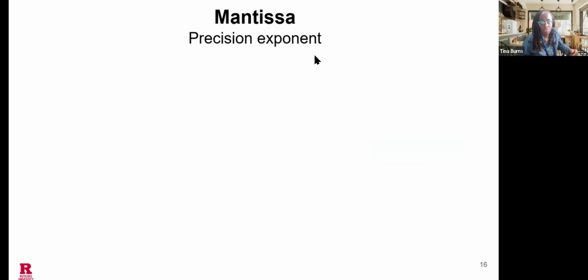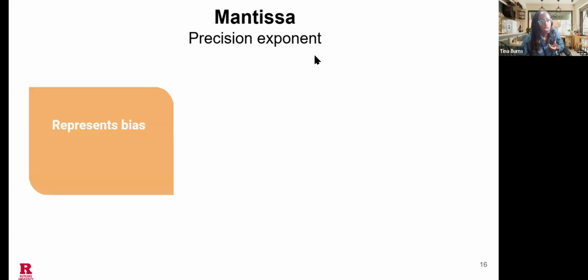All right, so now that we have that, we're going to do something called the precision exponent. As I was saying previously, your mantissa represents the fractional portion of the number. When you have your mantissa, it's so large that you're also going to include in there what's represented in the bias.